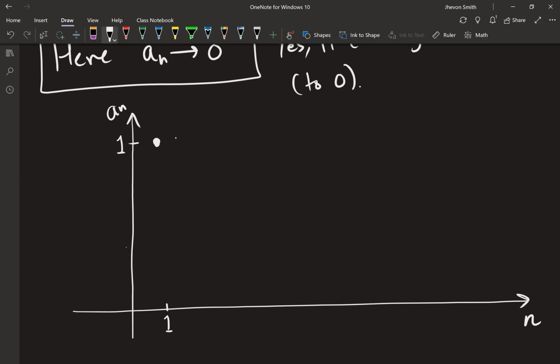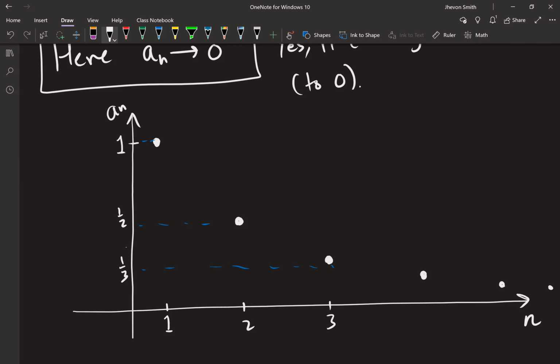Then I can plug in n equals 2, and a_n is going to be a half. Then n equals 3, a_n is going to be a third, and so on and so forth. When I plot this, you'll notice that it's a bunch of isolated dots.